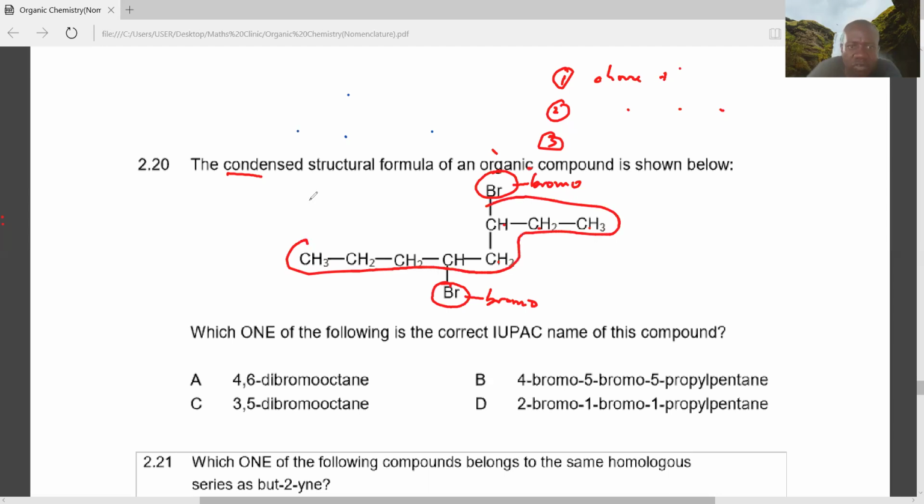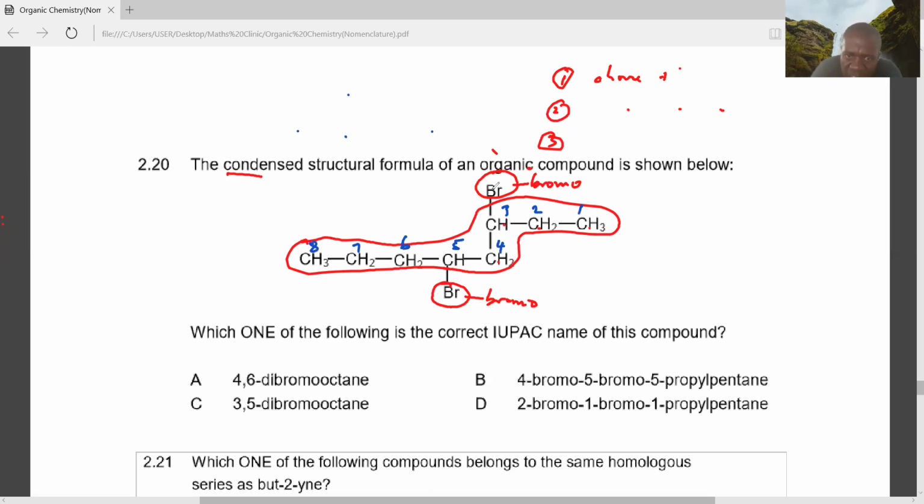So it means we cannot move from left to right. We have to move from right to left, because here it's 1, 2. Let me just use a different color. So we have 1, 2, 3, 4, 5, 6, 7, 8.